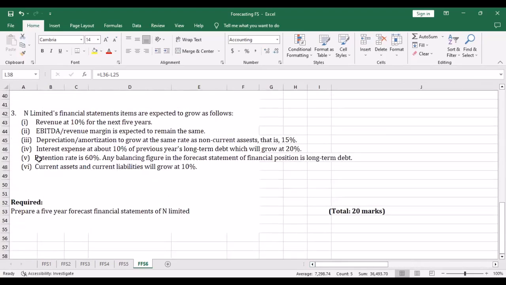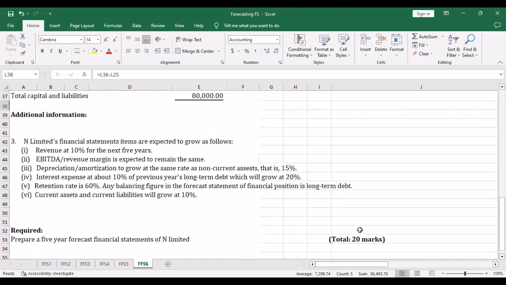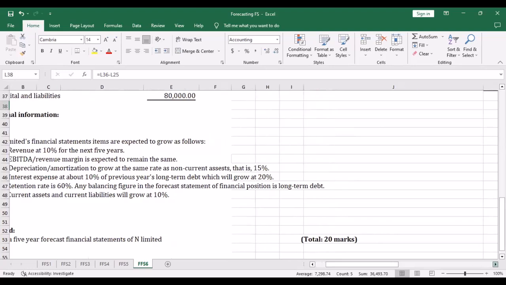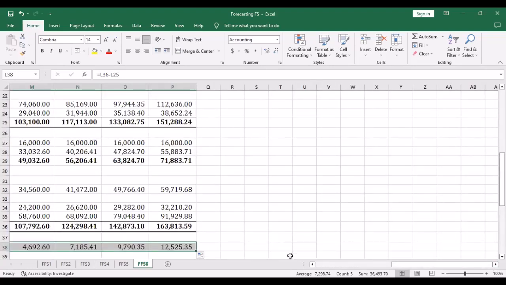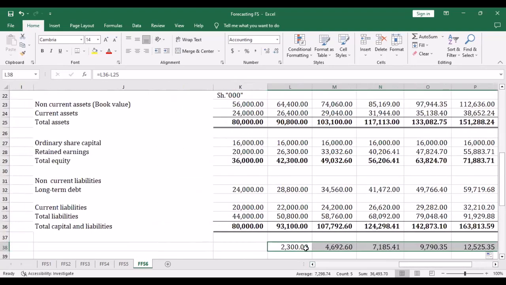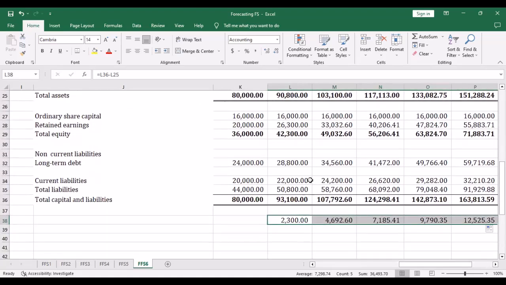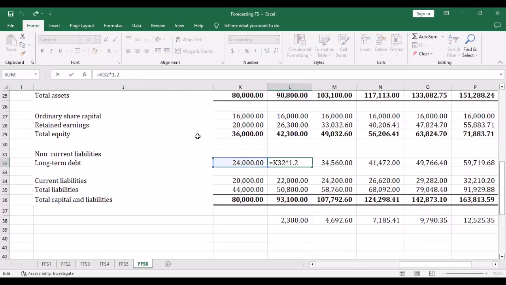Any balancing figure in the forecast financial statement is long-term debt. So you may have additional funds required or excess funds. For our case, we have excess funds, isn't it? So this one will balance, and will be in the long-term debt.